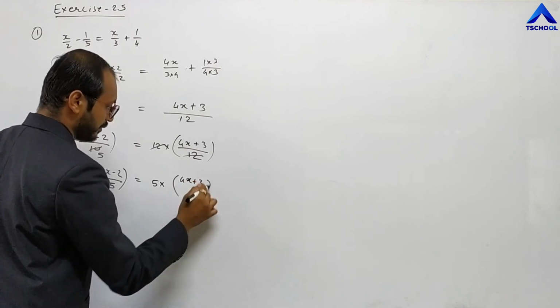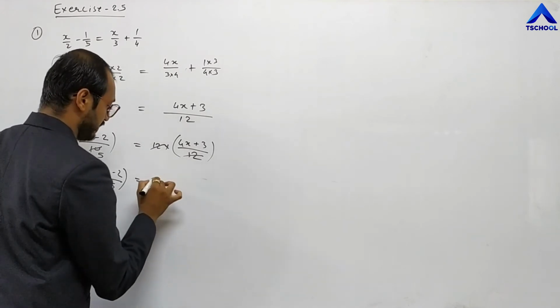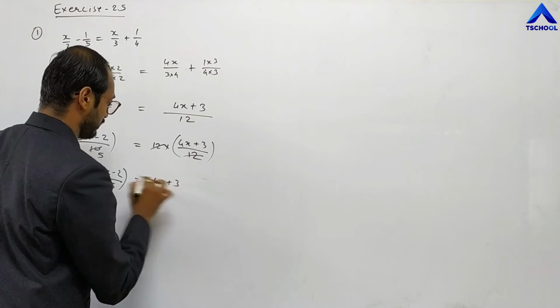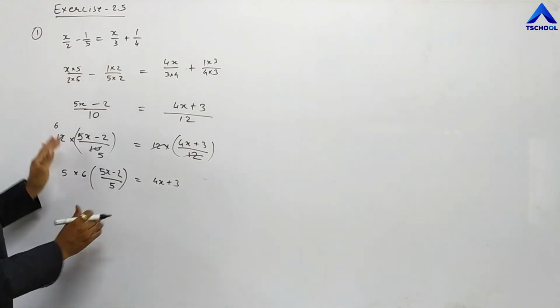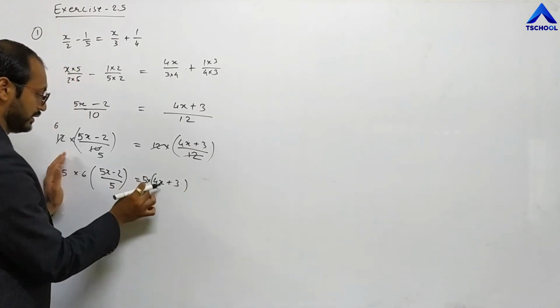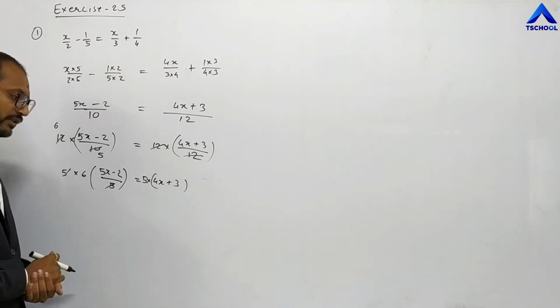There is nothing in the denominator, and here there is only 4x plus 3. So in this expression we multiplied by 5 on both sides. Clear? So we can remove this 5 also. Now it is simple.